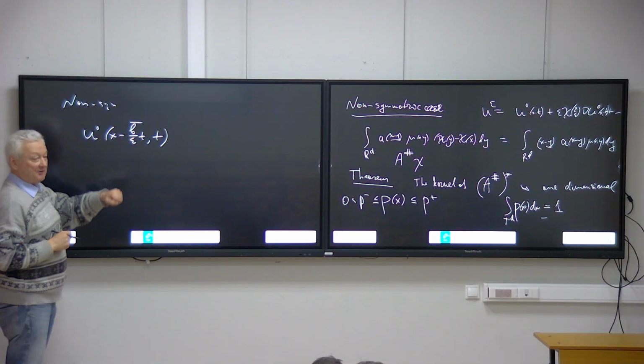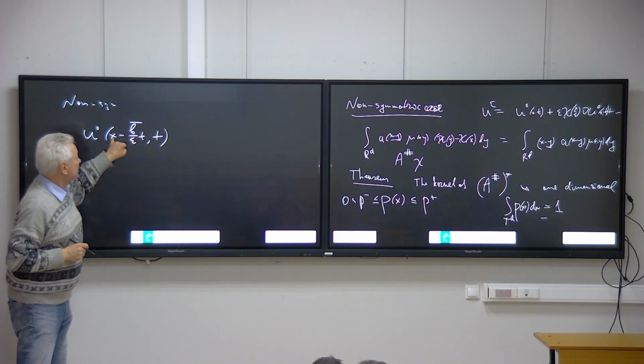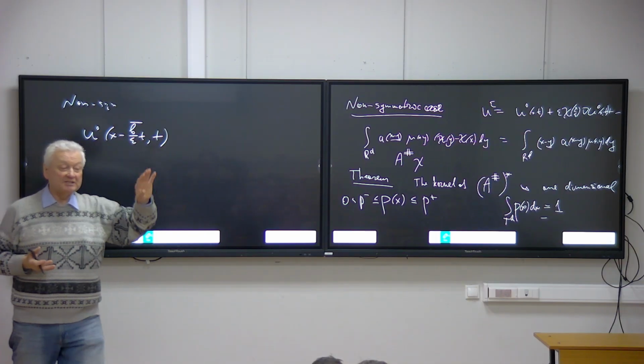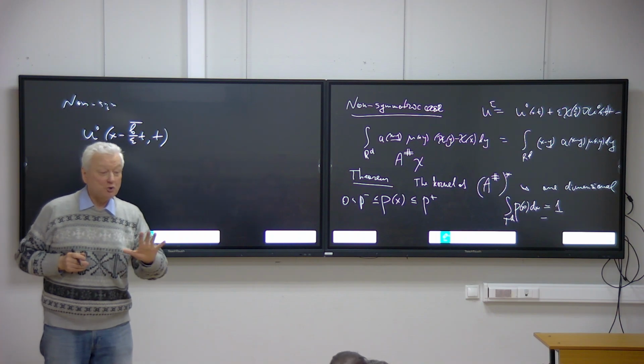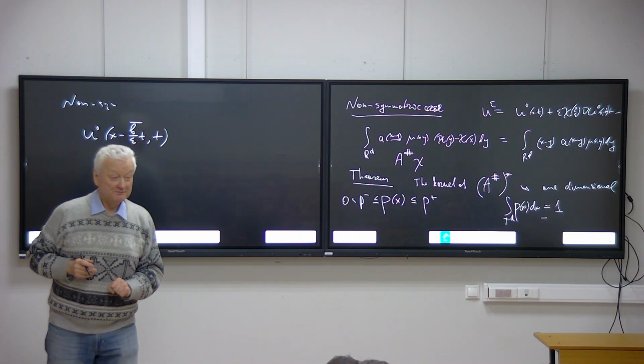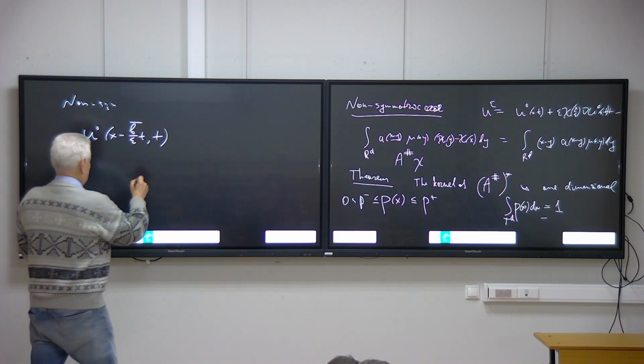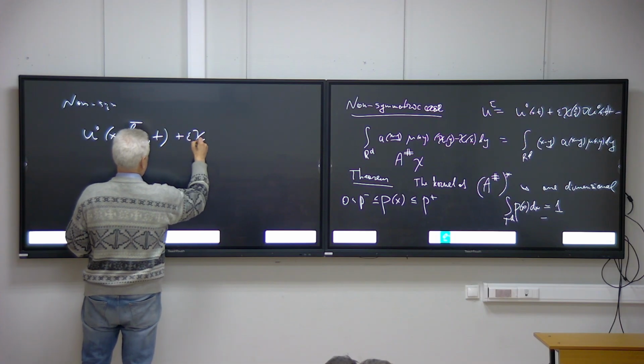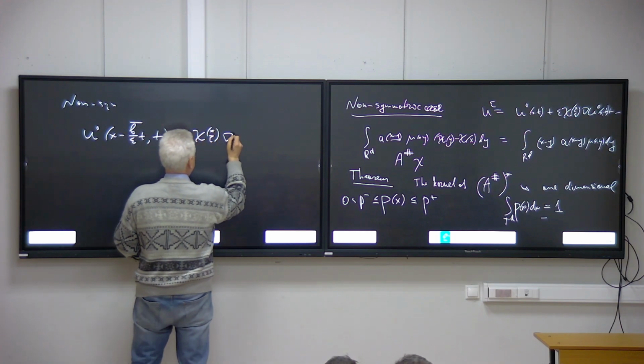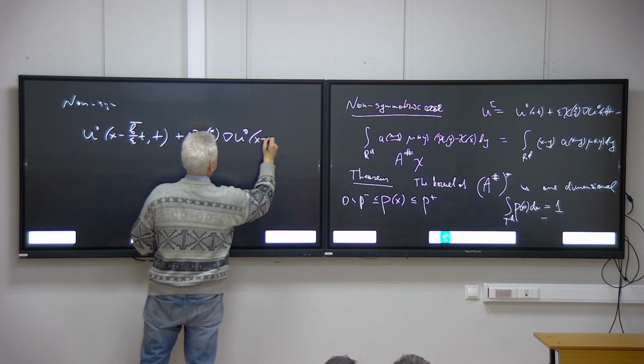We take the limit function and substitute x shifted with a so far unknown constant vector, b bar over epsilon, plus epsilon chi of x over epsilon, gradient u0 again.